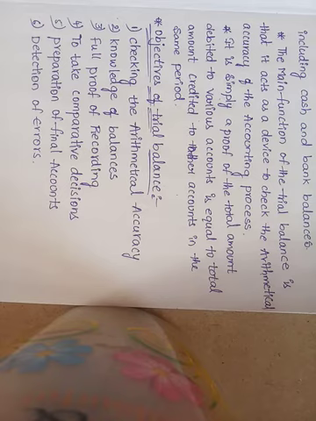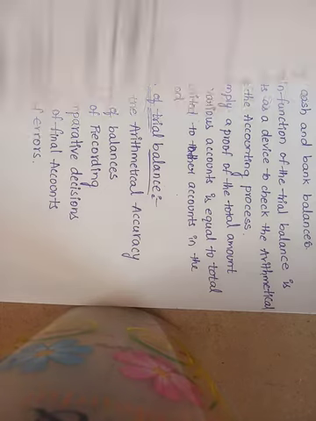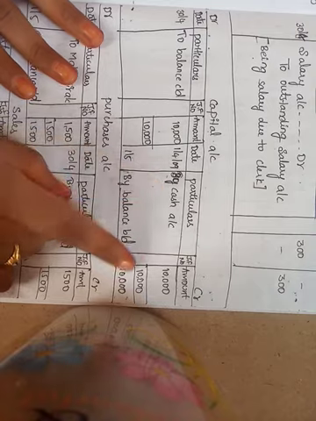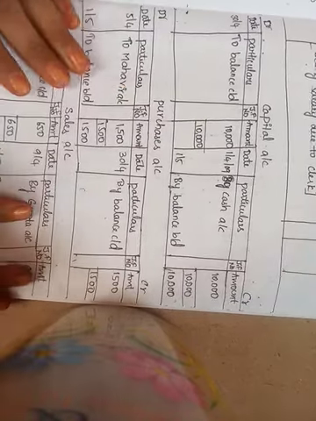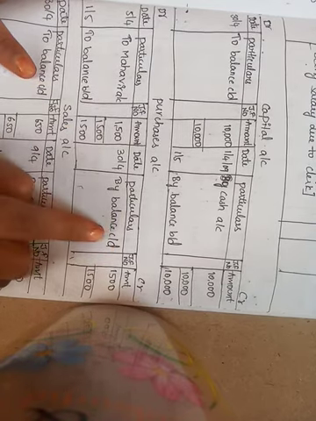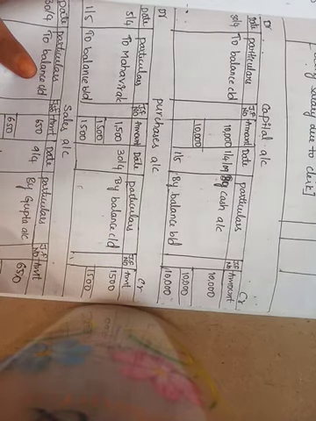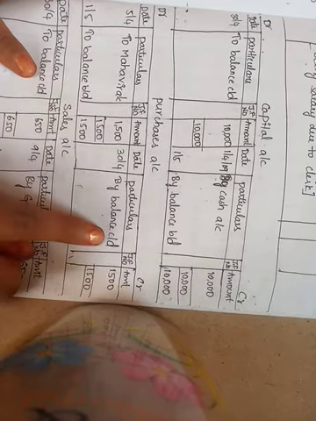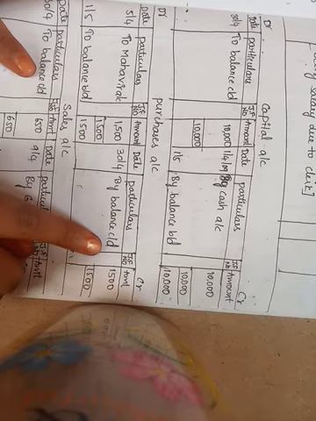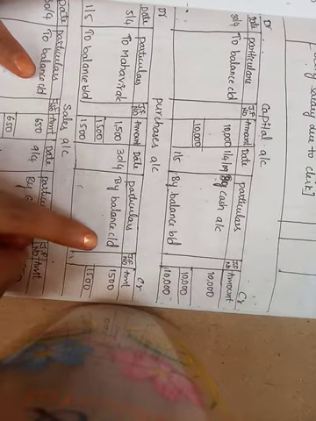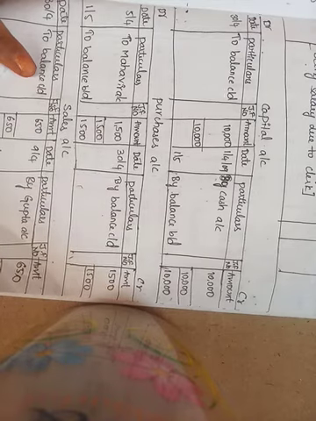So observe here, whenever we prepare these ledger accounts, debit and credit should be equal after tallying. Or else, only the debit side amount will be there and the credit side has no amount, but in the ledger also we have to equalize. How? By writing the carried down balances. After writing carried down balances, both debit and credit should be equal. So this balance carried down amount will be written on the trial balance.